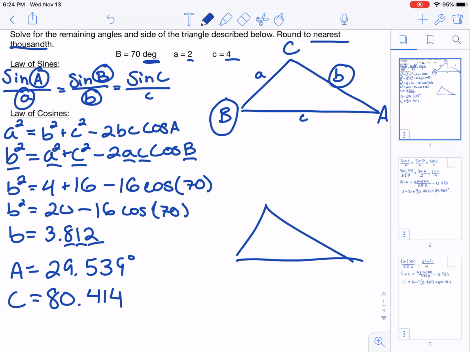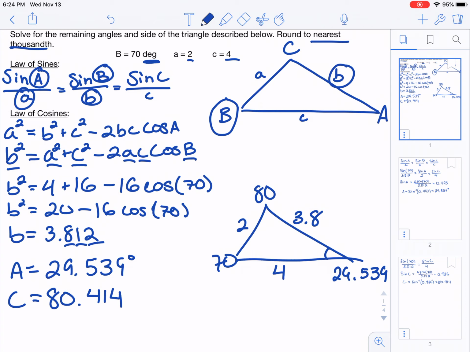Sorry for the rough sketch. So in this case, our angle A here is 29.539. Our angle C is 80. I'm not going to put all the decimal places, just get a general idea. Our angle B was given at 70. Side b we found to be 3.8, side a was 2, and side c was 4.